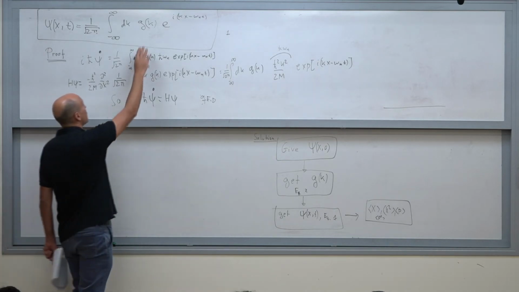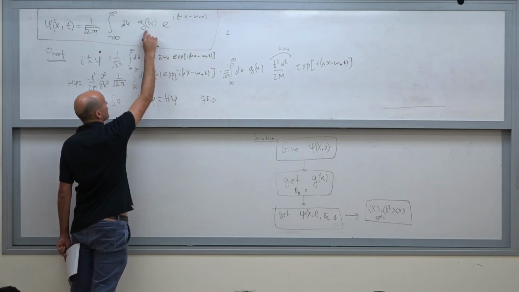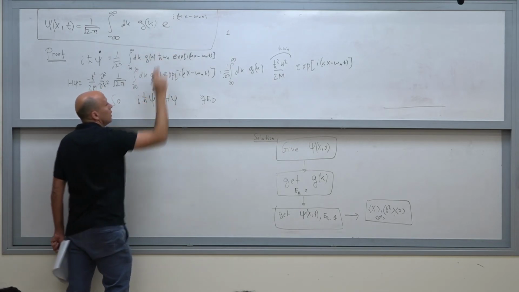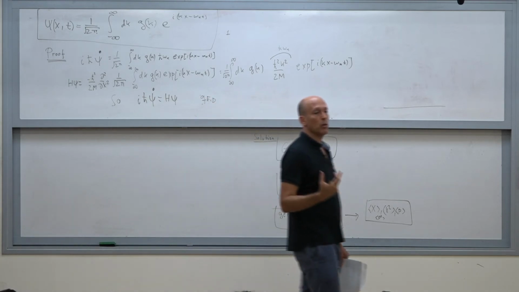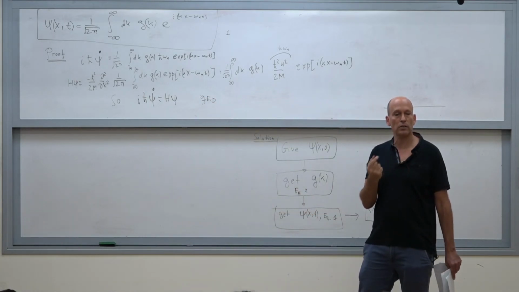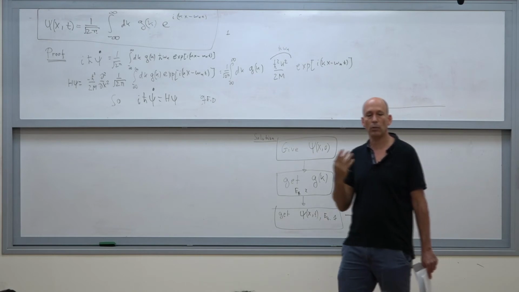Essentially what you see here is that g(k) is the amplitude of k. So if this is the amplitude of k, how will I calculate the average momentum directly from g of k? That is the question. Maybe you can already think how this will happen.